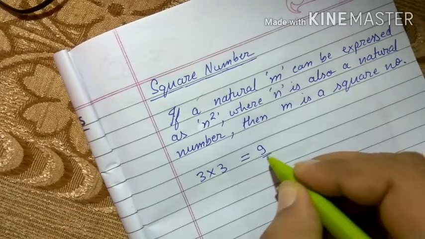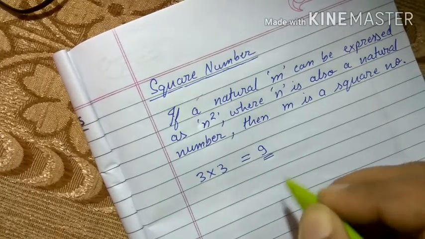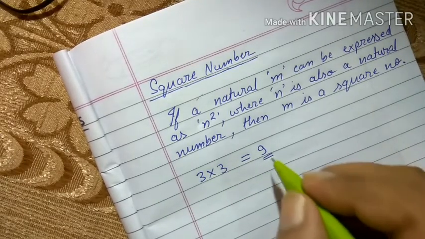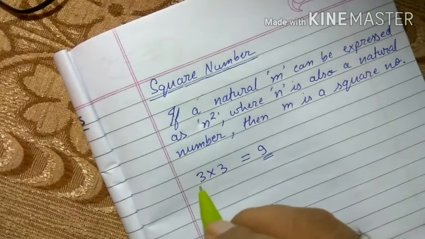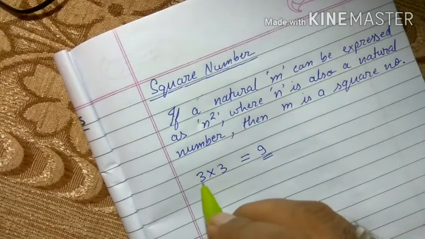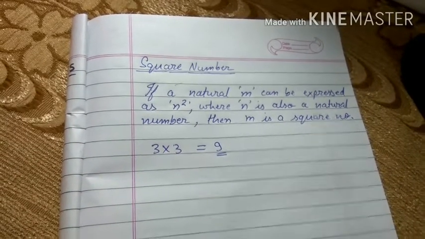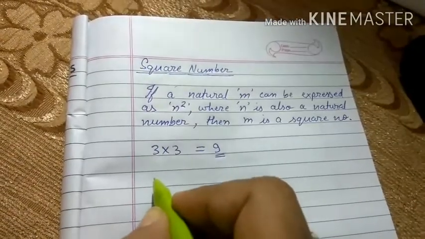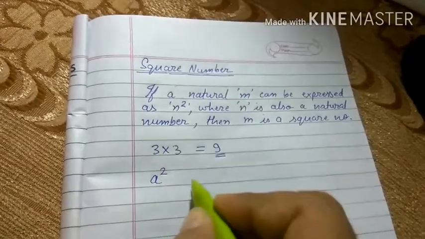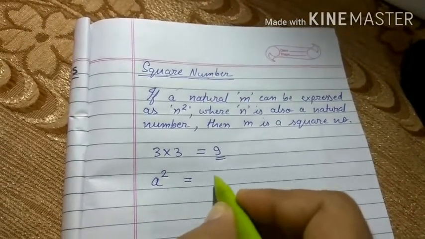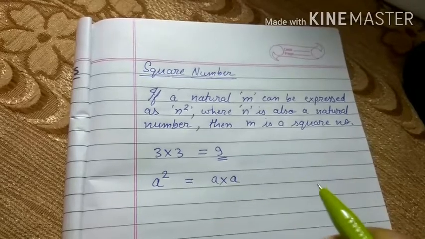So 9 is called a perfect square. 9 is called a square number because it is equal to the product of the same number, that is 3 into 3. A square number can be expressed as a square, that means a into a.